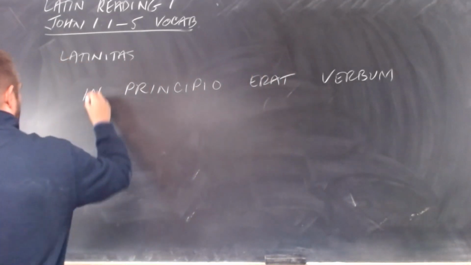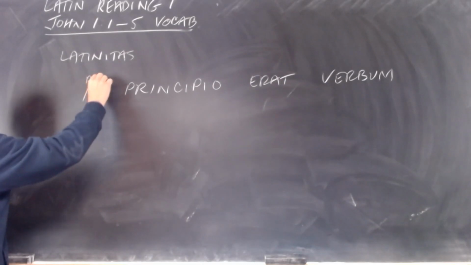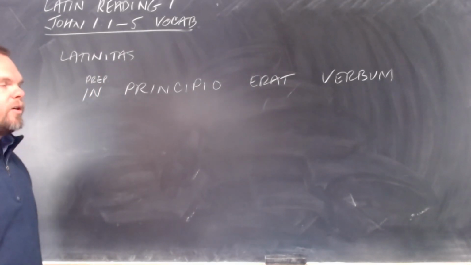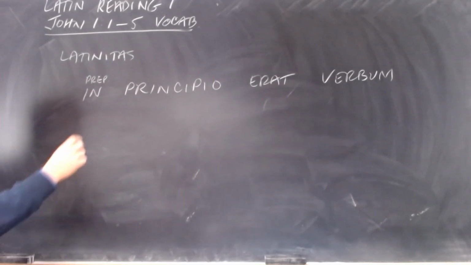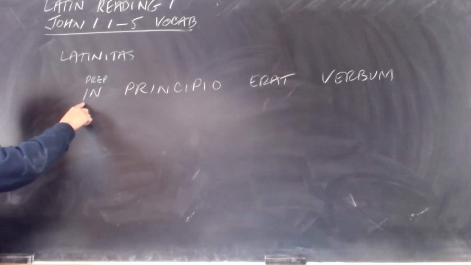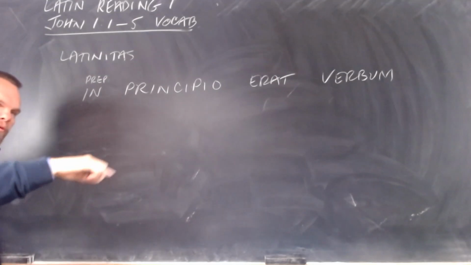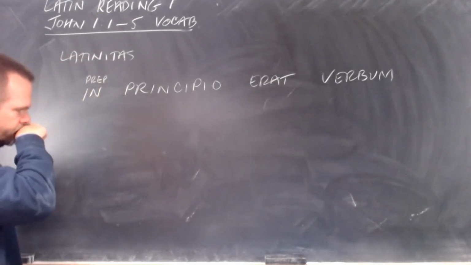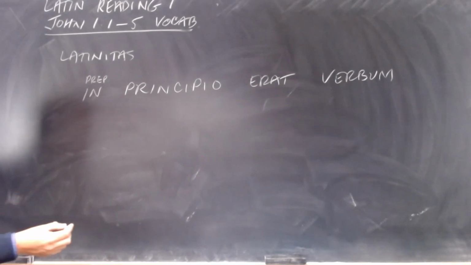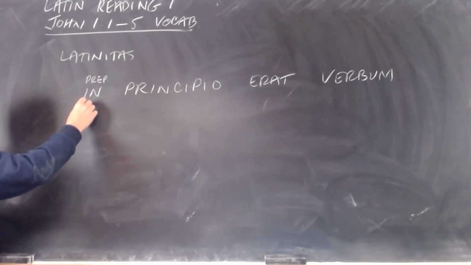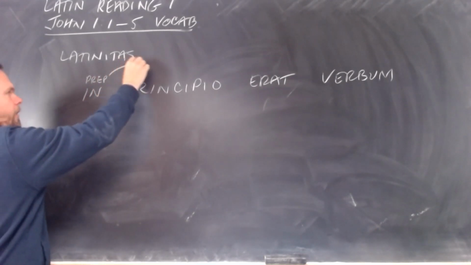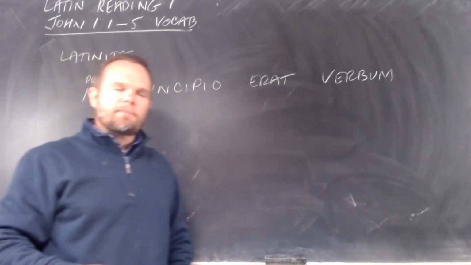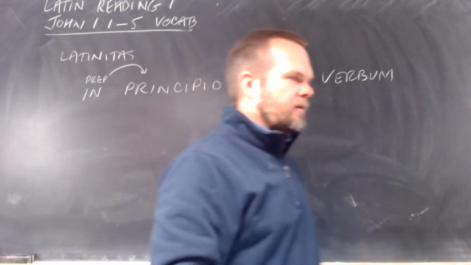Okay, so we want to identify the part of speech. Now we know that, from grammar, any preposition comes before a noun, right? That's what preposition means. So when we have a preposition, it's going to be related to the noun that comes after it. Please pay attention to this.